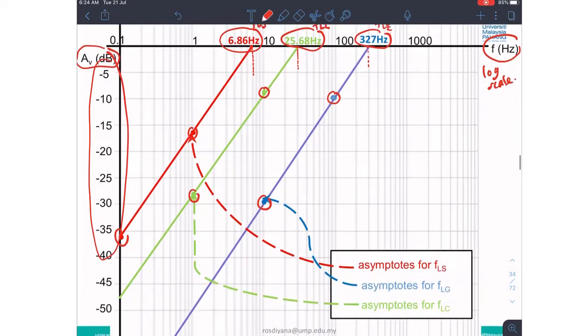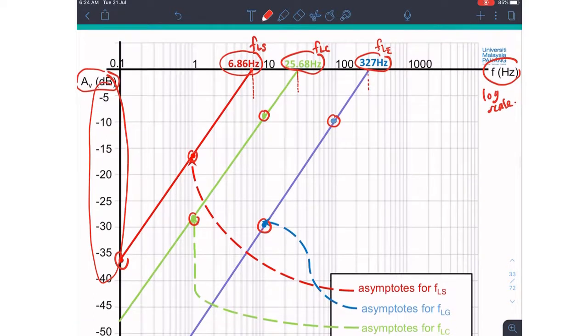Once you get 2 points here, you can draw a straight line. Remember that when you do this, actually you will not see this value first. You will get these 2 points first.